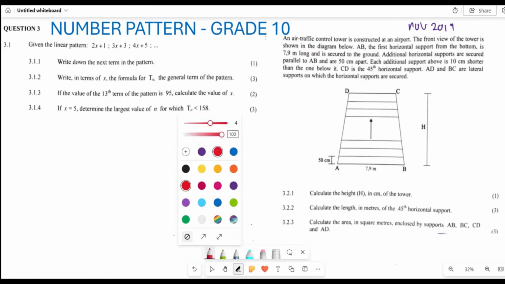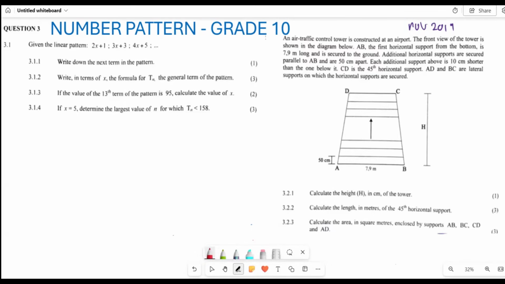Now, let's start. In the first question, they want us to write down the next term of this particular pattern. What is important for us to note is that you are having 2x here, 3x here, 4x here, so the next one is going to be 5x, isn't it?